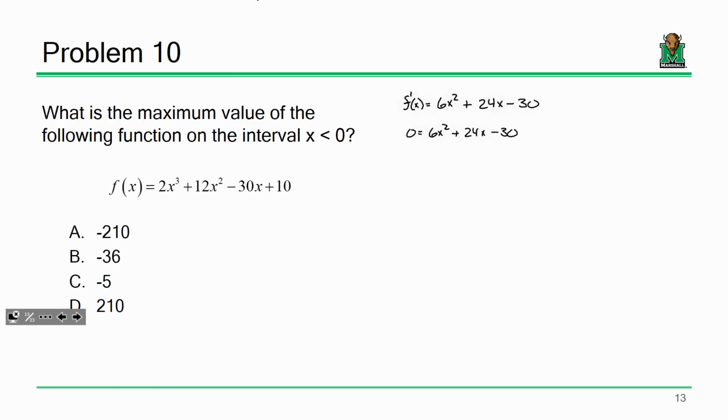Now, before you all just get calculator happy, maybe we can be a little strategic about this. Maybe I can do that.